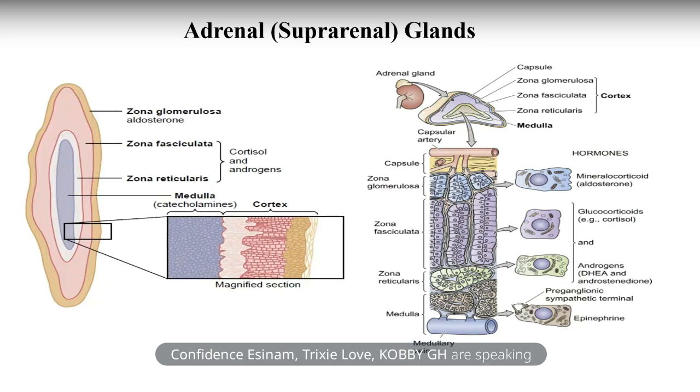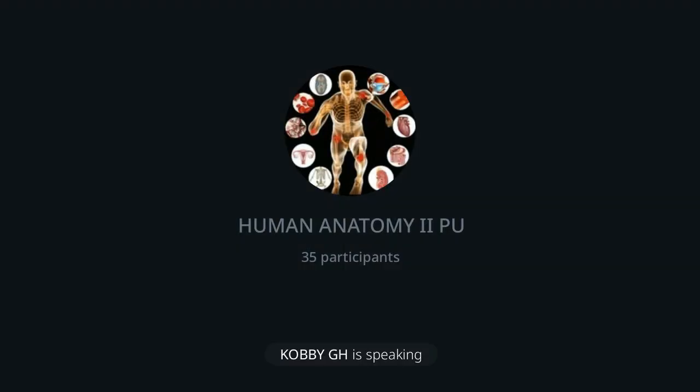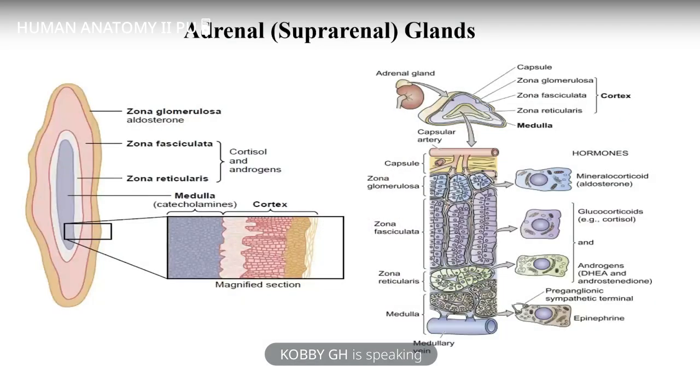The epinephrine is the adrenal medulla. Good. Yes, epinephrine is the adrenal medulla, and then mineralocorticoids is the zona glomerulosa. Now we are asking you a combined question: which part of the adrenal gland produces epinephrine and mineralocorticoids? We are asking you two questions in one.